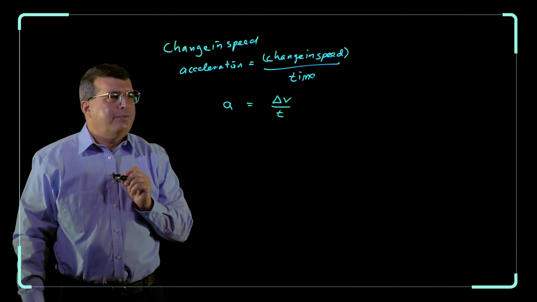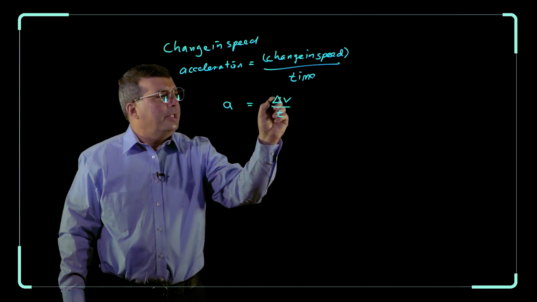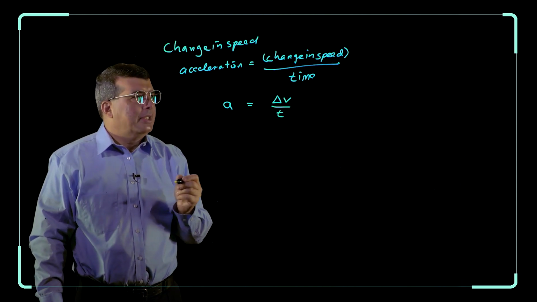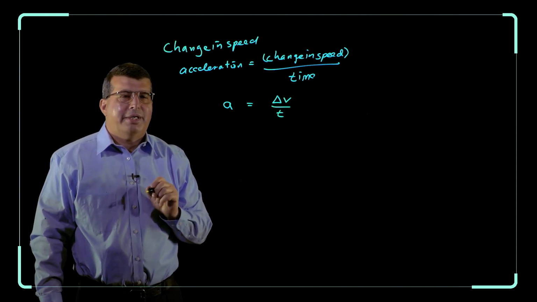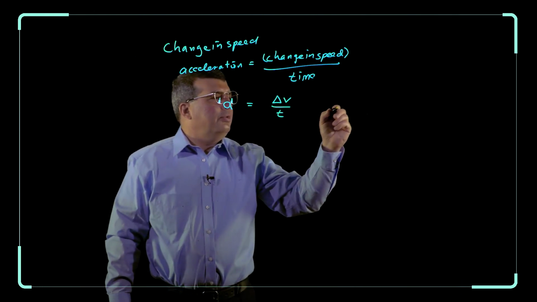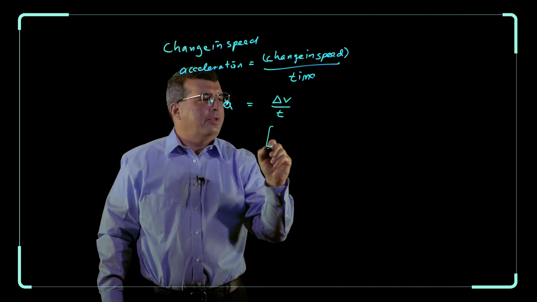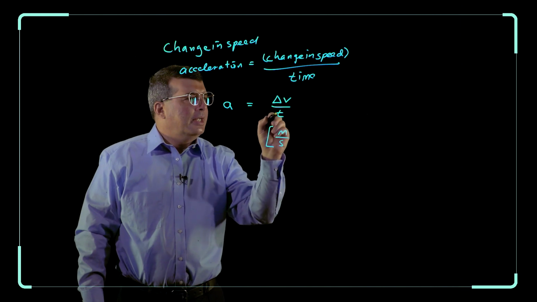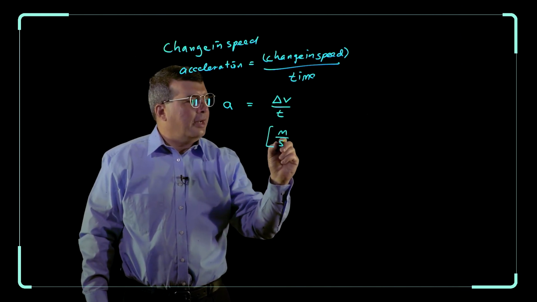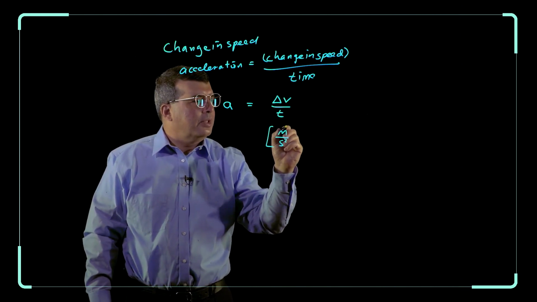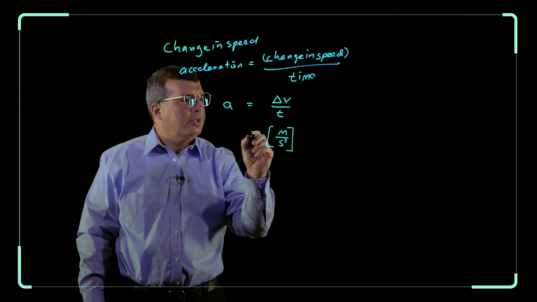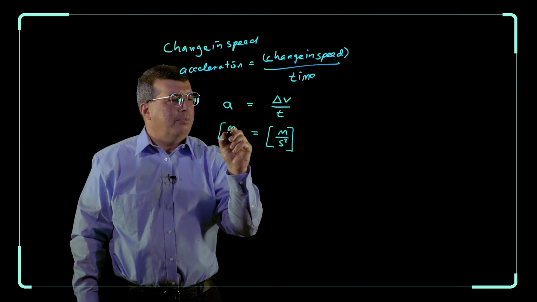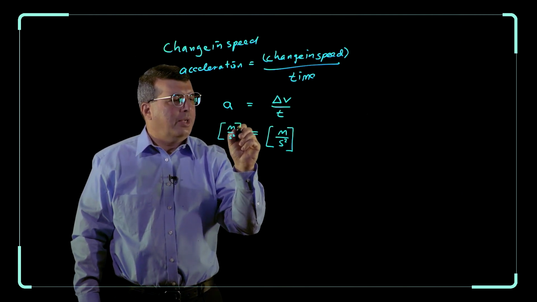So what are the units of acceleration? Well, the units of speed are meters per second, and then we have another second in the denominator. So the units of this are meters per second times another second in the denominator. So we would write that as meters per second squared. And the units over here would be also meters per second squared.